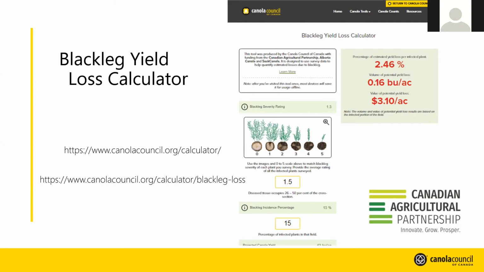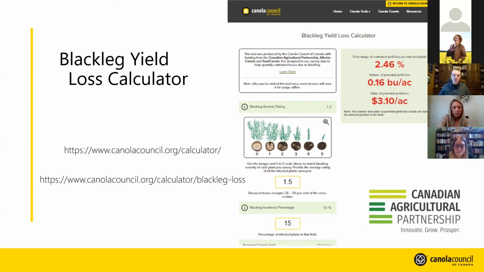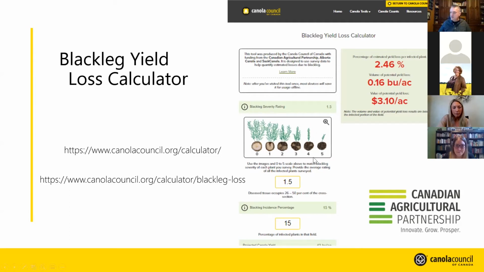It was research done at the University of Alberta, which quite specifically tells us how much yield is being lost if you go out and cut stems at the end of the season and rate them on a 0 to 5 scale. You put in that rating, and you put in how much yield you expect that field should be receiving.